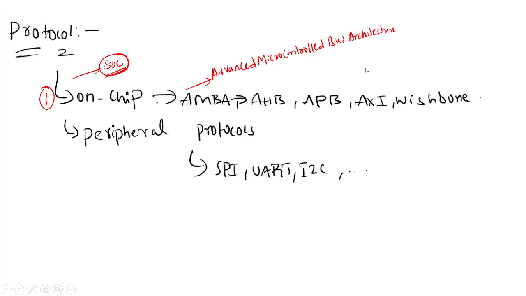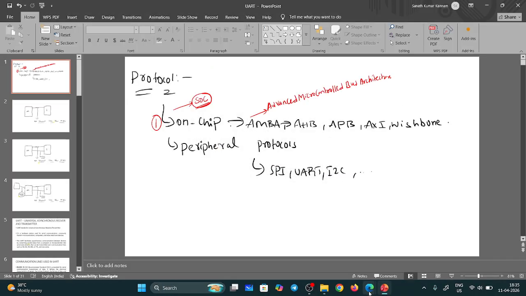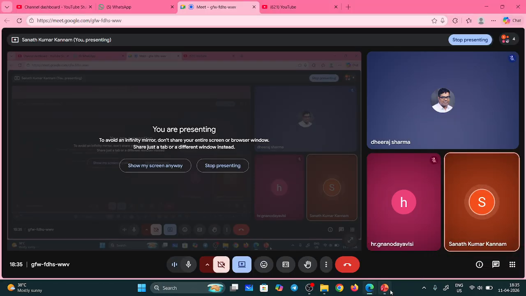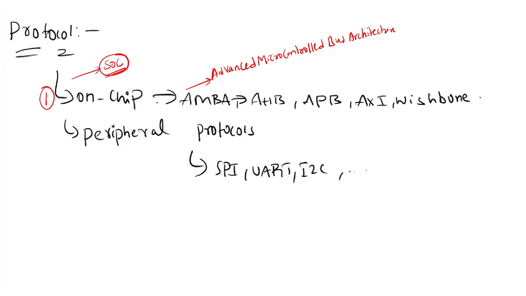In AMBA you will study the Advanced High-performance Bus, Advanced Peripheral Bus, Advanced Extended High-performance Bus, and Wishbone. All these are on-chip protocols, meaning communication within an IC, within a system on chip.